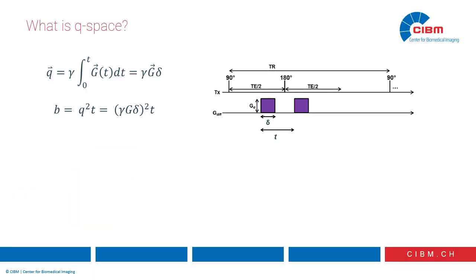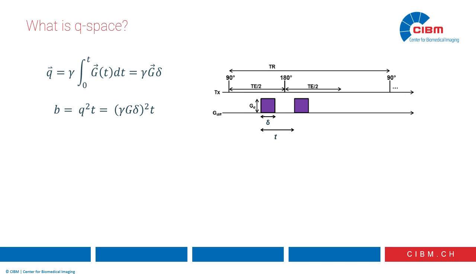So this Q vector here is really just the integral over time of the diffusion gradient that is applied. And if this gradient is constant during this pulse, then it's just the product of the gyromagnetic ratio, the amplitude of the gradient, and the direction. So these are all vectors. And the gradient pulse duration, little delta here.